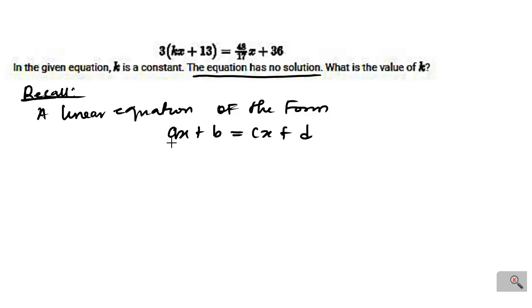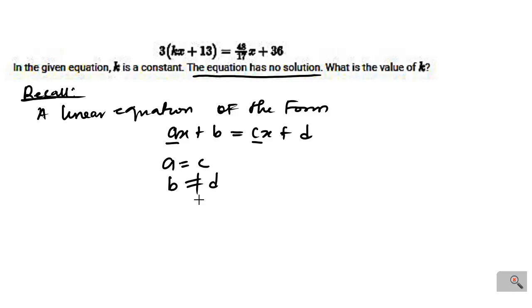What I'm saying is that a must be equal to c, and the constant terms must not be equal. Let me take it again. A linear equation of this form has no solution only when the coefficient of x on each side of the equation are equal but the constant terms are not. So a must be equal to c, while b must not be equal to d. So this is method one.